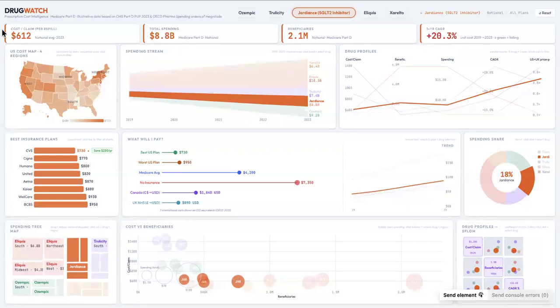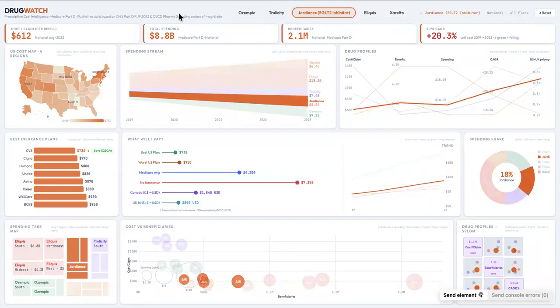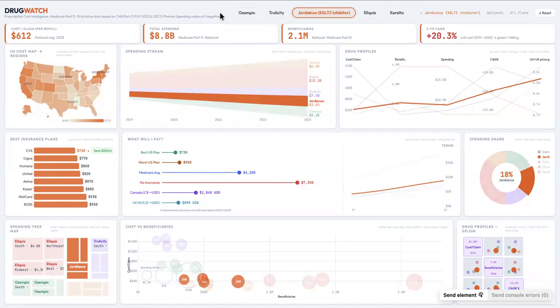medication. In recent times, Ozempic, Trulicity, Jardiance, Eliquis, and Xarelto are the most trending medications. These are generally used for weight loss, diabetes, and cardiovascular care.